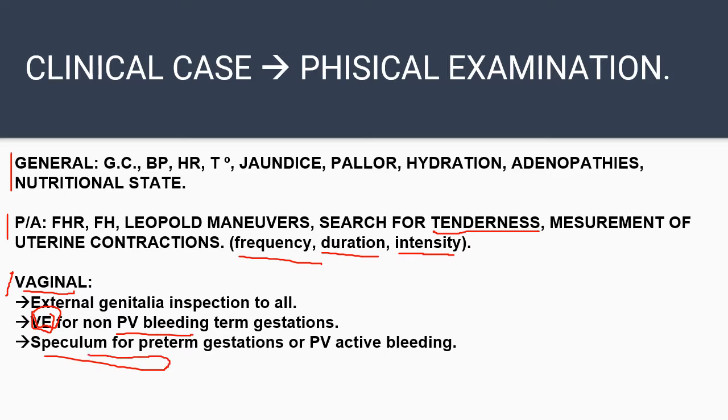Why? Because if the mother is bleeding and we perform a vaginal examination, we can make the mother bleed more because of a placenta previa, for example. And if the mother is preterm and we do a vaginal examination, we can induce labor because of the infections that we can provoke with our finger.